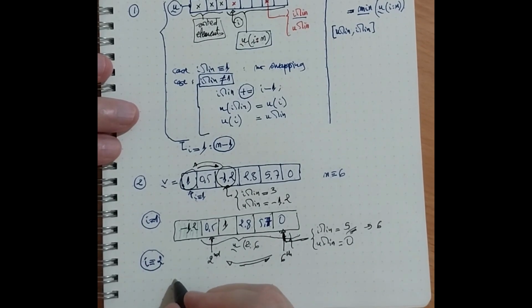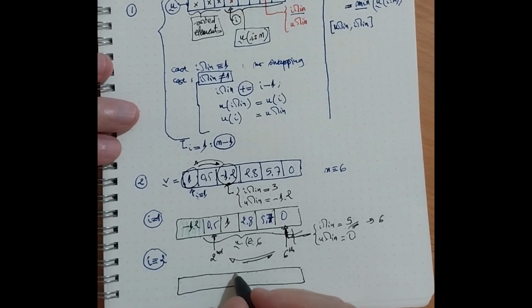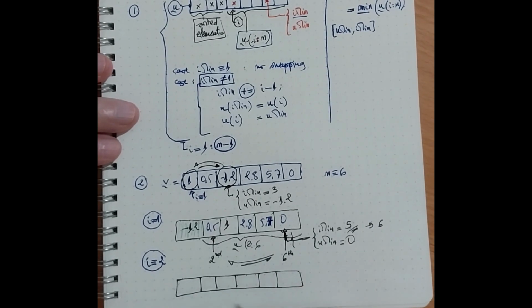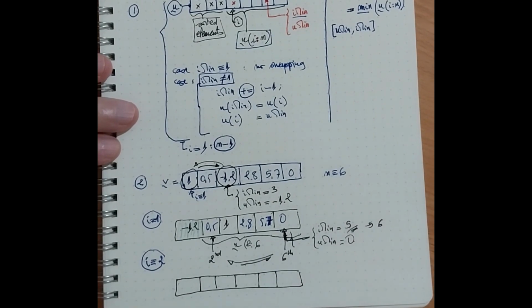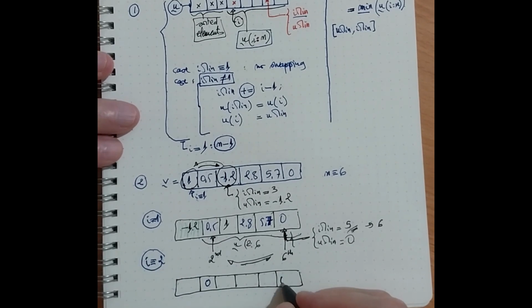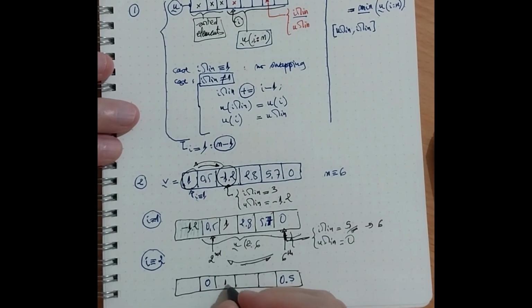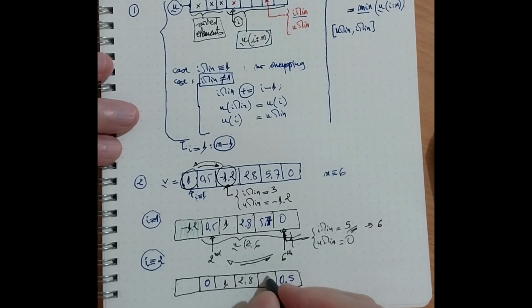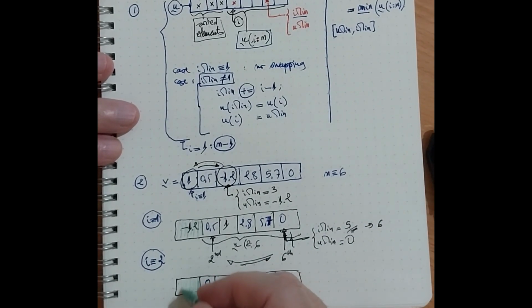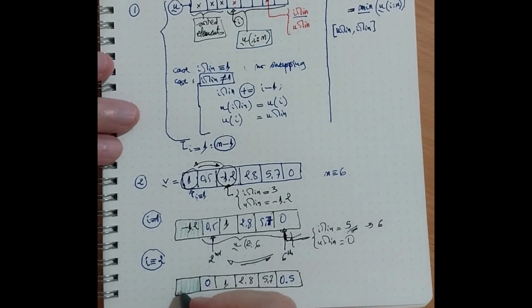And we get the vector: so 0 becomes here and 0.5 becomes here. And the rest is unchanged. So 1, 2.8, 5.7, and the first one we will not modify, it's already minus 1.2.